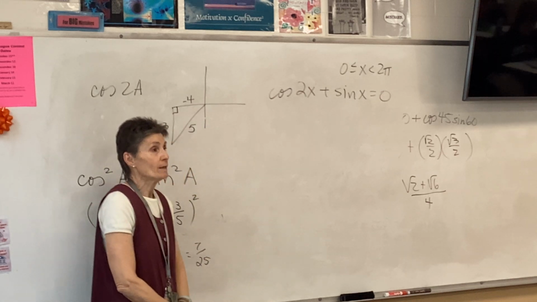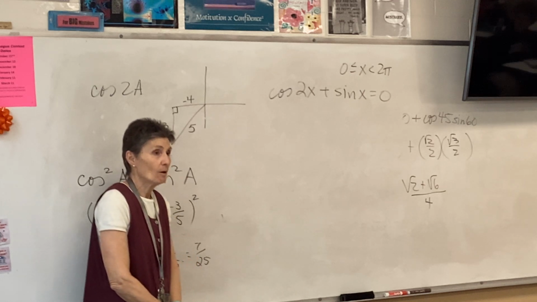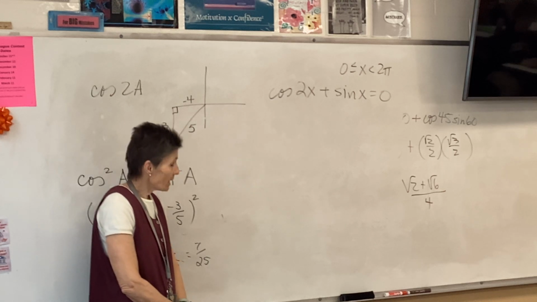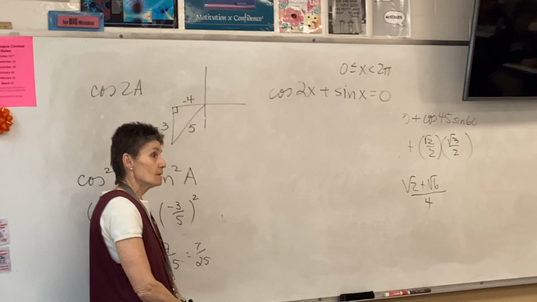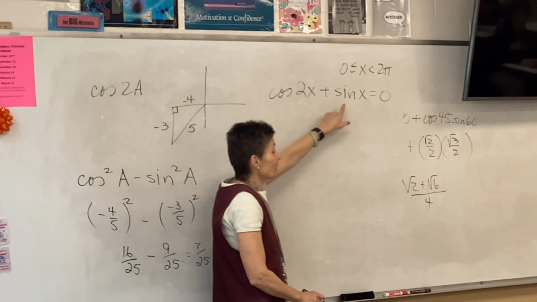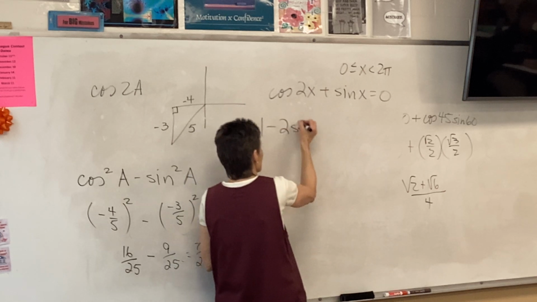Someone other than Dana, raise your hand and tell me how you think we should start this problem. Tyler. There's already a sine in the problem, so I'll use the one that says 1 minus 2 sine squared.